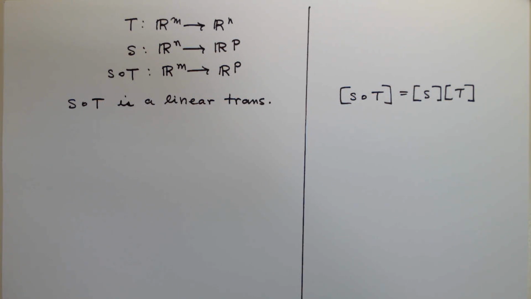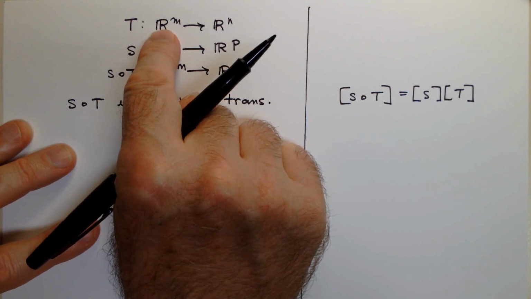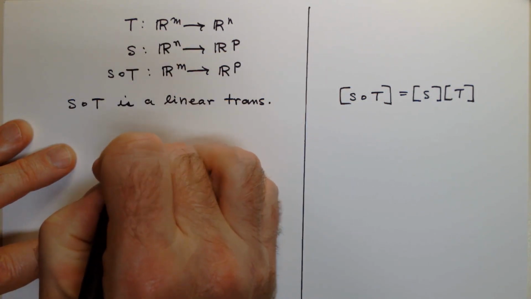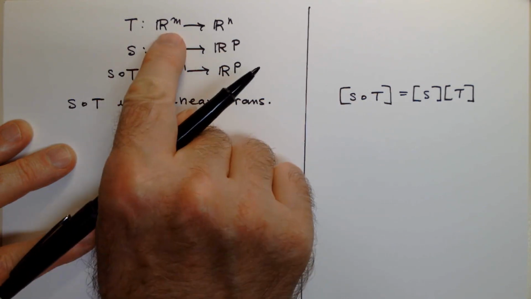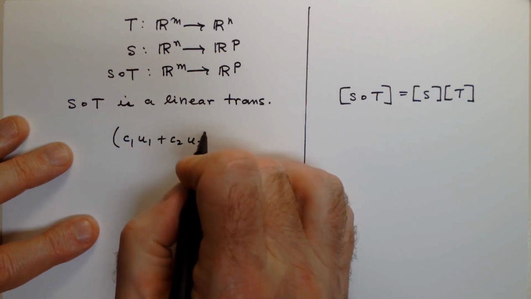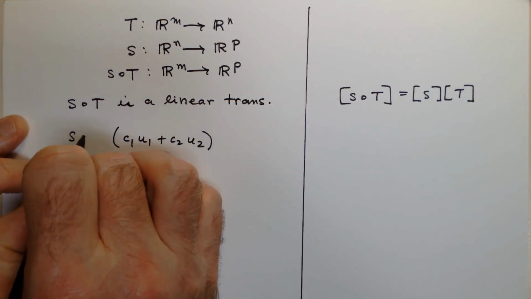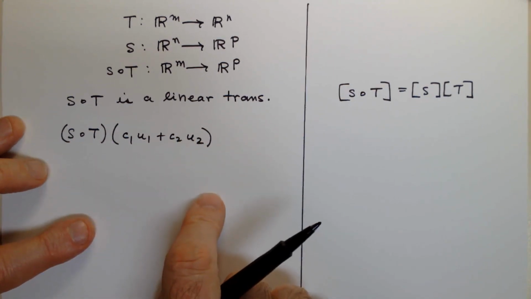What we're going to do is take a linear combination of vectors in Rm. We'll begin with C1U1 plus C2U2, where U1 and U2 are coming from Rm. And what we want to do is apply the composition of S and T to that linear combination.